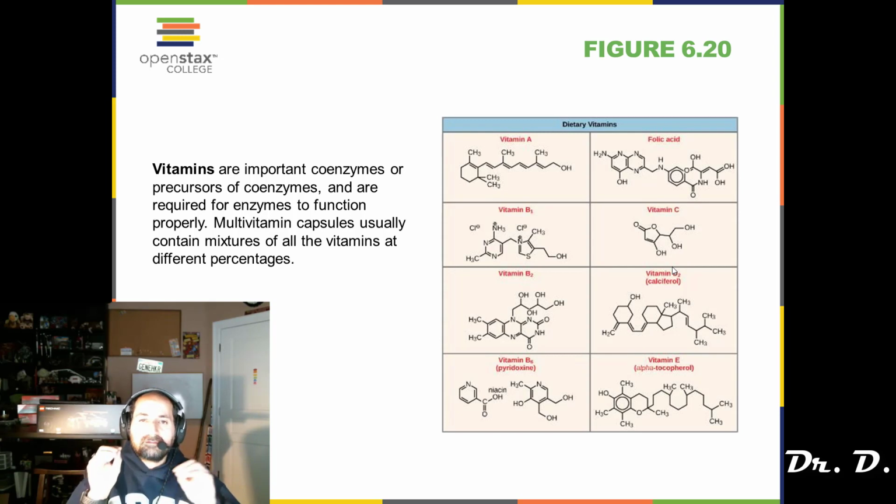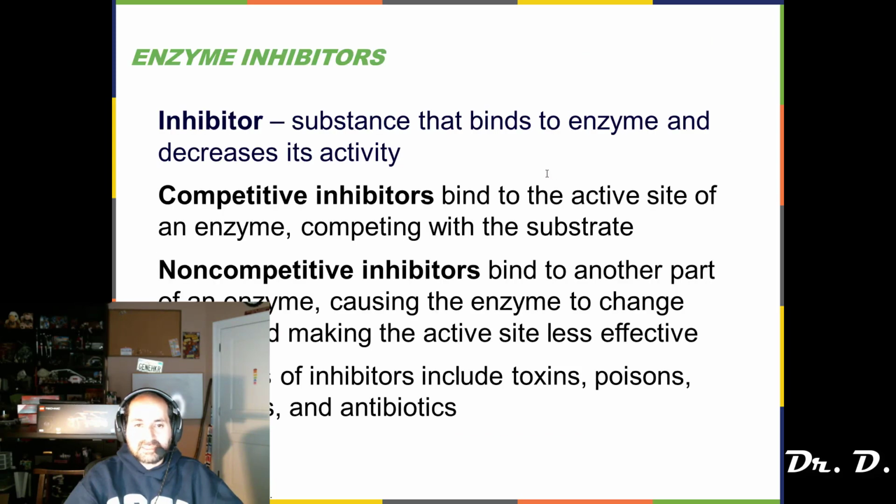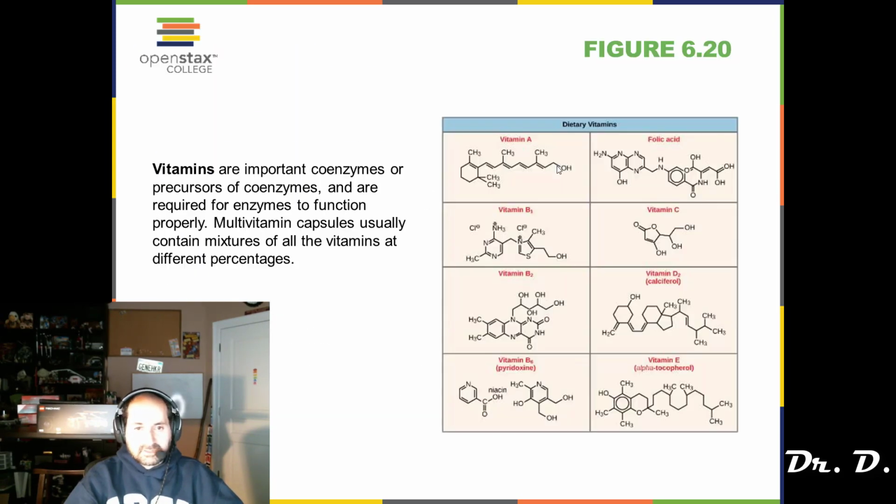It's an enzyme helper, a non-protein, none of these are proteins, a non-protein enzyme helper that has carbon in it. See, all of these have carbon in them because remember I taught you how to decipher these codes here, that each vertex, each point is a carbon, right? So there's carbon in all of these molecules here.